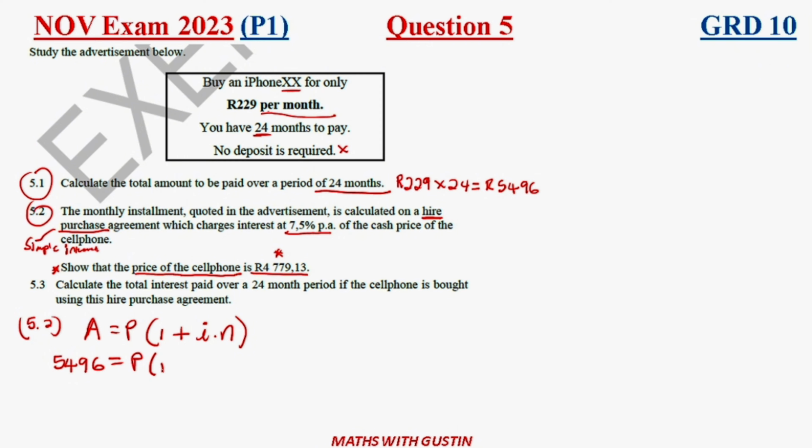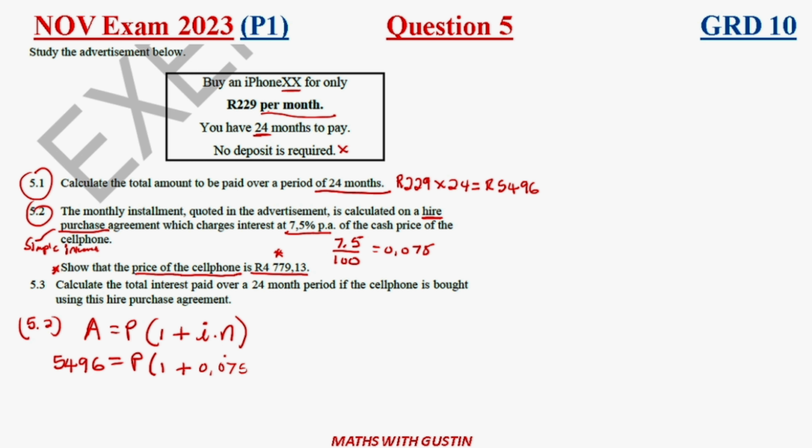5,496. So therefore 1 plus i, which is this 7.5. We know, guys, that we need to divide it by 100, which is going to give us 0.075.